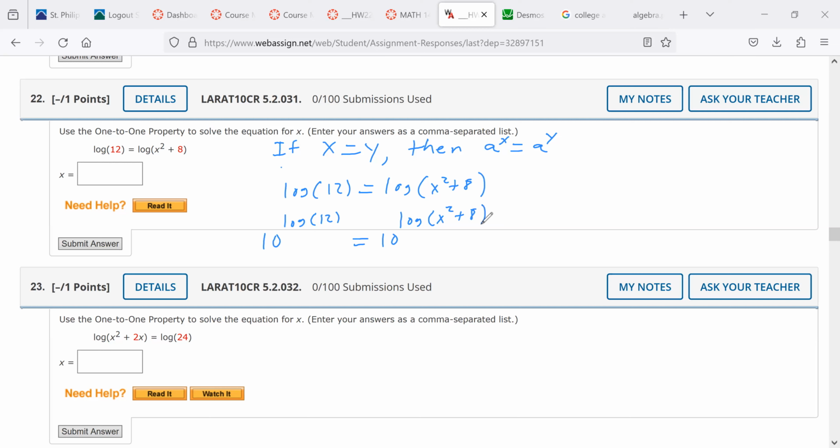I know that the number 4 rule would have been easier, but this will be better in the long term because you won't always have logs. You might have a number or some x term, it just depends. So then these cancel out, leaving me with 12 equal to x squared plus 8.